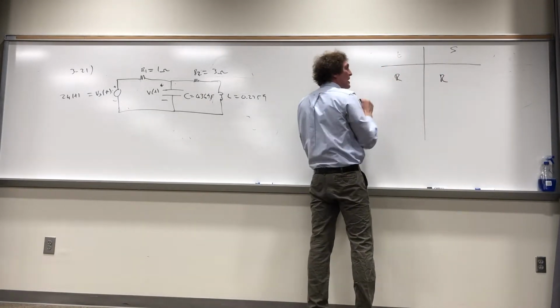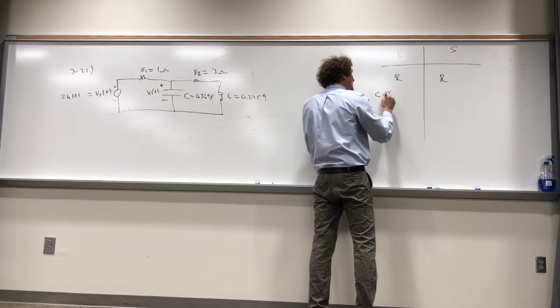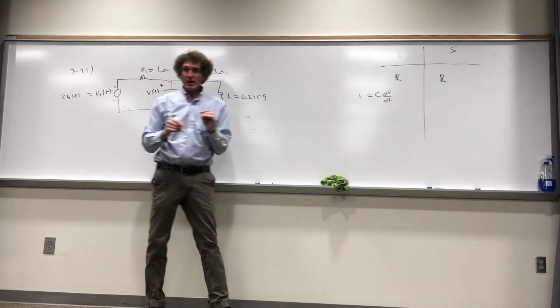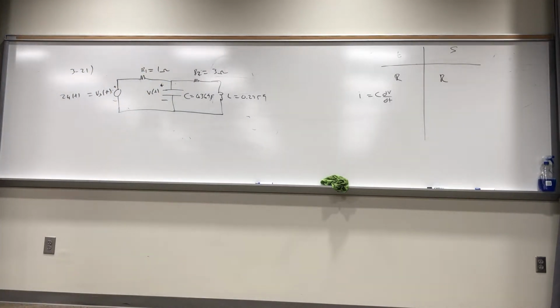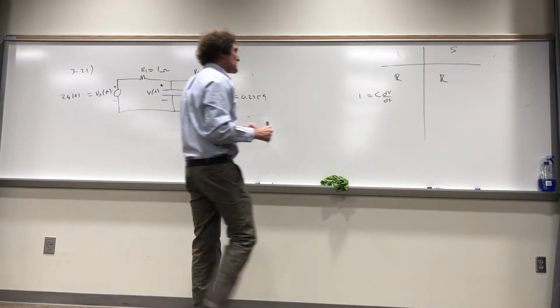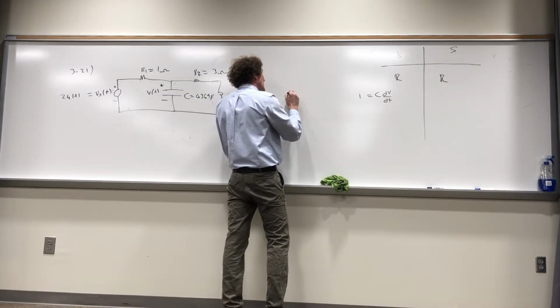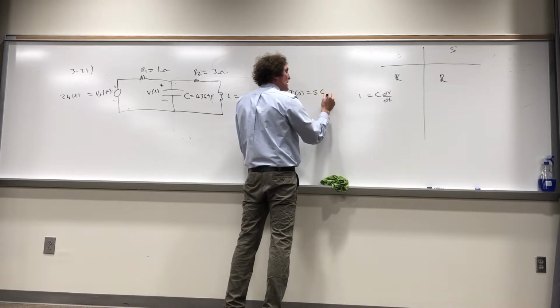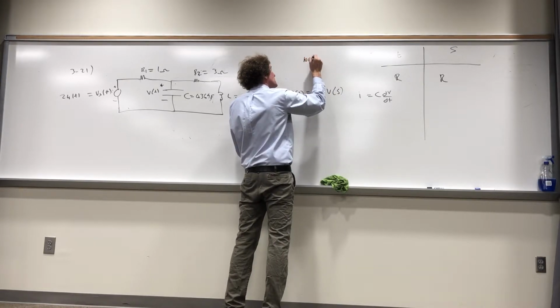In the time domain, with a capacitor, you have C times dV/dt is equal to I through a capacitor. Isn't that right? So if I do the Laplace transform of this, on both sides I have I of S is equal to S times C times V of S, assuming no initial conditions.